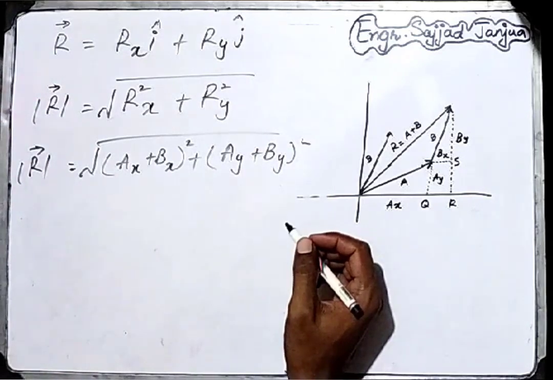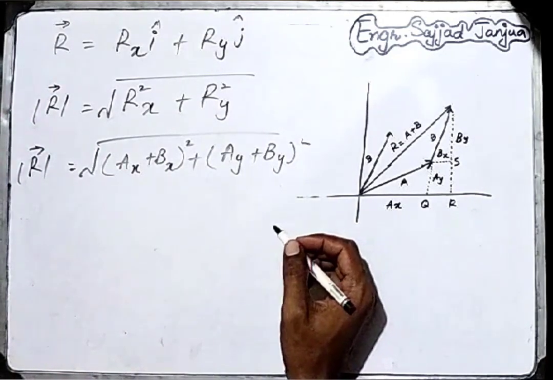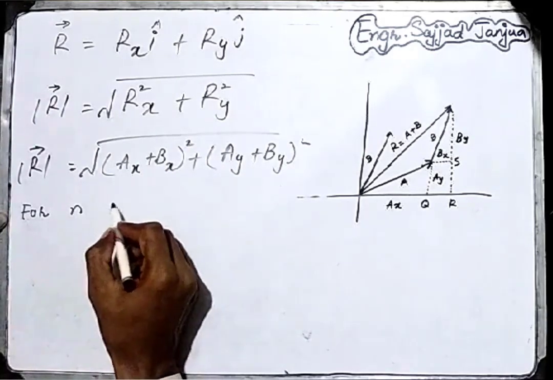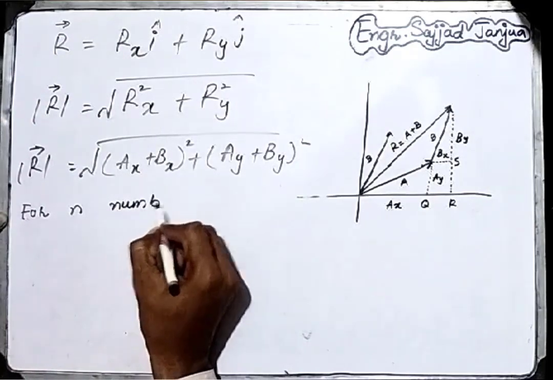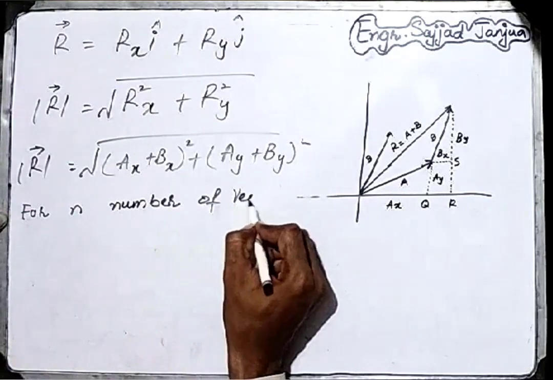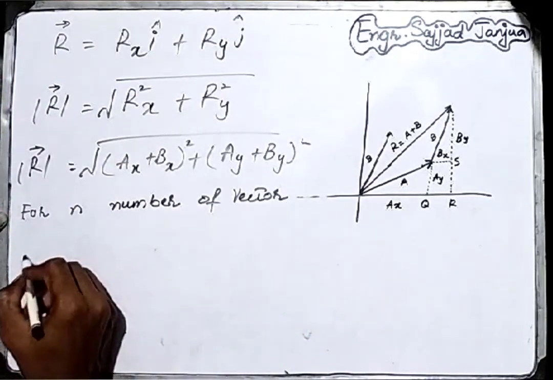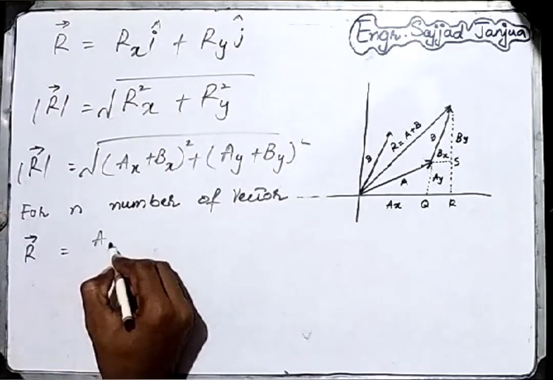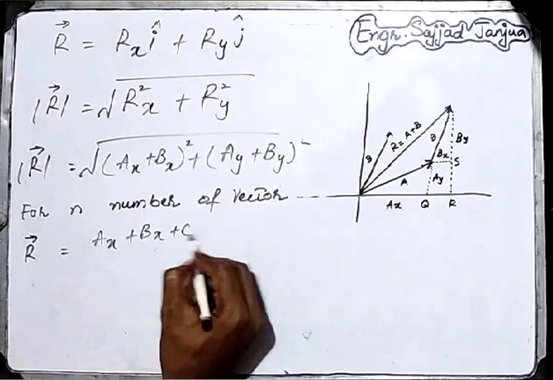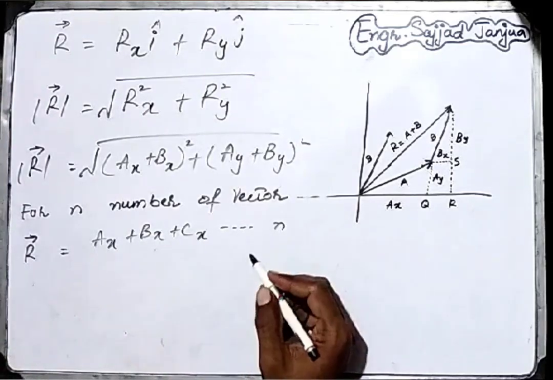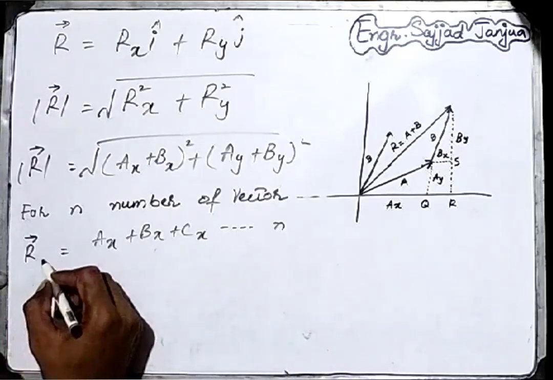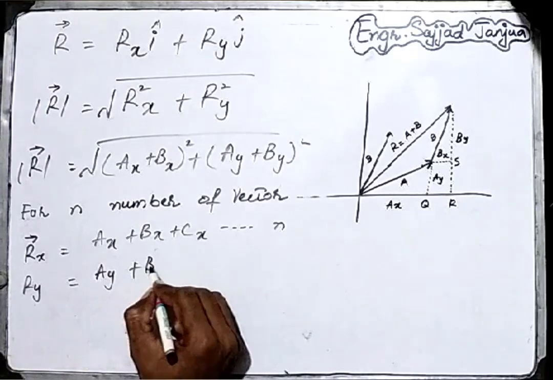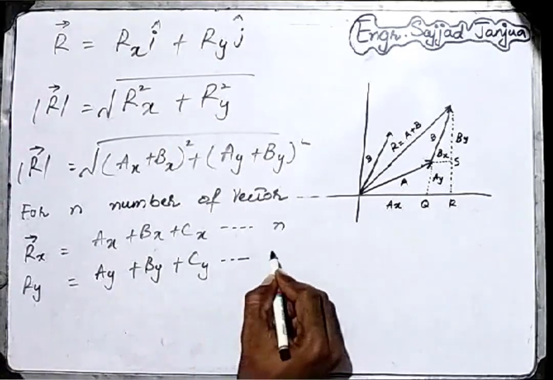So this was the method to add two vectors, and if we have more than two vectors, what we will do for n number of vectors, this equation will become Rx will be equal to Ax plus Bx plus Cx up to n, and Ry will become Ay plus By plus Cy up to n.